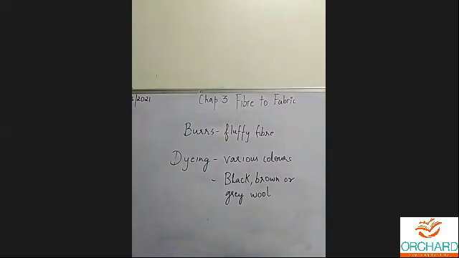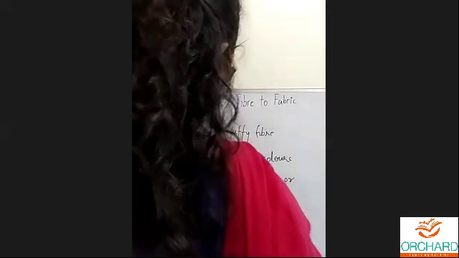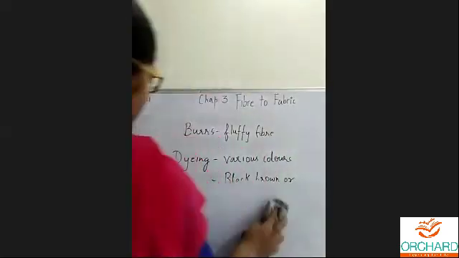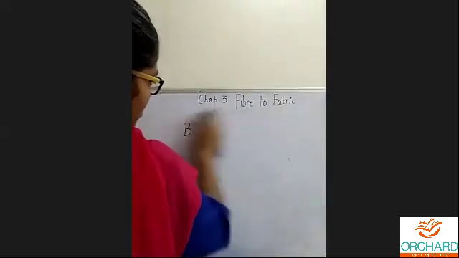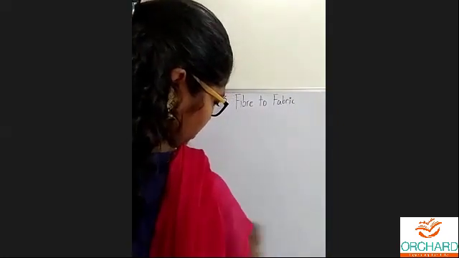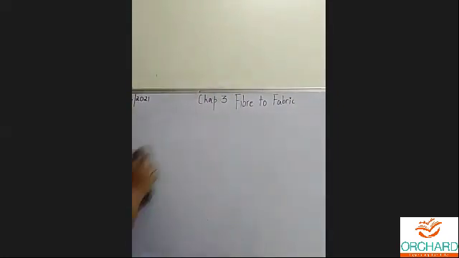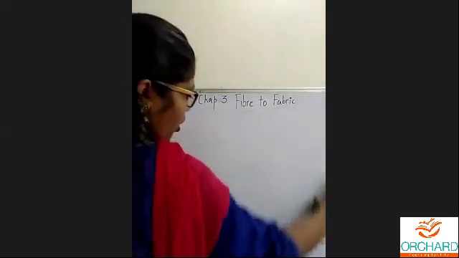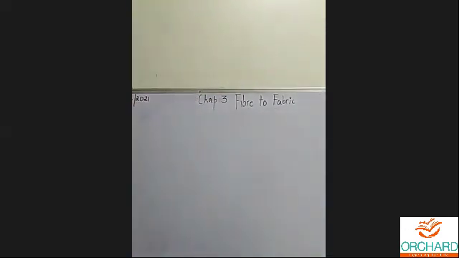After dyeing, let's recap. Shearing is done, then scouring, which is washing the fleece to get rid of impurities, using large tanks filled with hot water and mild detergent.